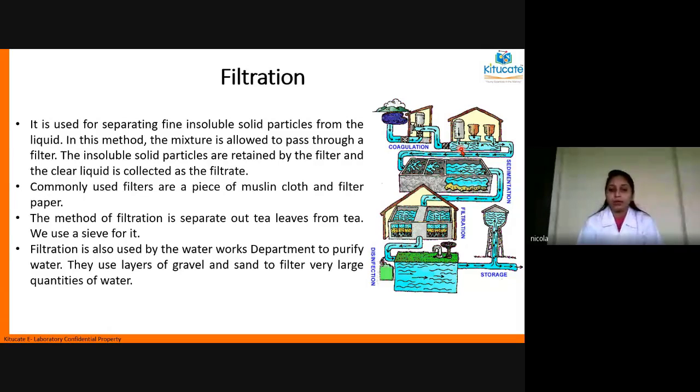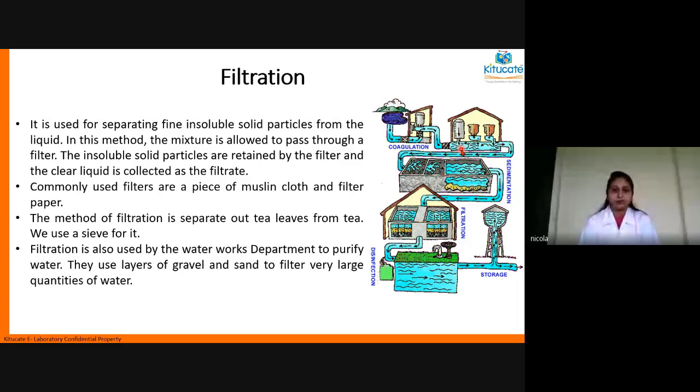We can use a muslin cloth or a filter paper to separate the insoluble solid particles from the liquid. When tea leaves are strained from tea, that is also a type of filtration. We are using a sieve kind of a thing, a filter kind of a thing, that is separating the tea leaves from the tea. So that is also a kind of filtration.